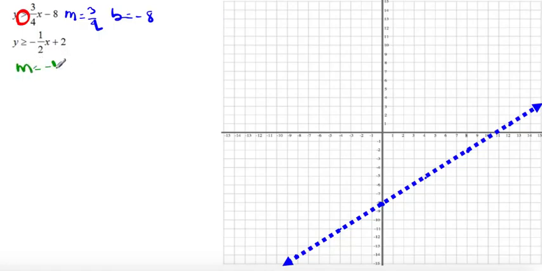So my slope is -1/2. My y-intercept is 2. So I start my graph at +2 and go down 1 to the right 2.